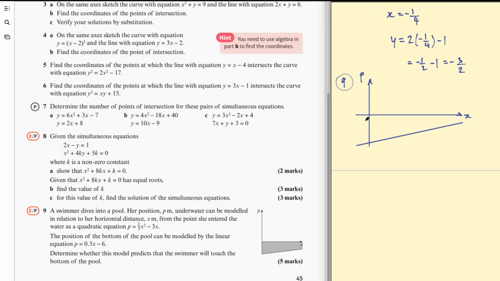We have the dive of the swimmer, and that's approximated by a quadratic equation, as they tell us. So that's going to look something like this, right? As a dive usually looks, you go down and then up again. Now the question is, will she hit the bottom of the pool or not?